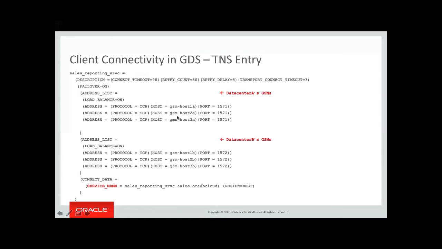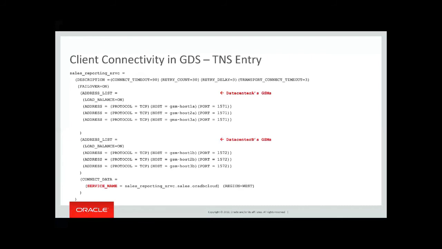So I would list out all the GSMs in one address list. In this example, it's in data center A. And my other address list will have the GSMs that belong to data center B. The other important thing to note here is the service name is the global service that you just created. And the region you're coming from is optional, needed only when you want to do region-based routing.